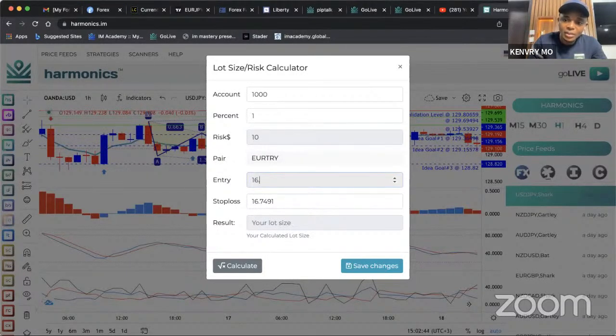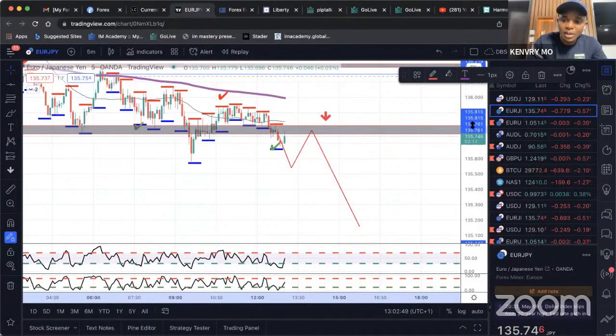So what's the entry? The entry is supposed to be 135.815, assuming. So I click.